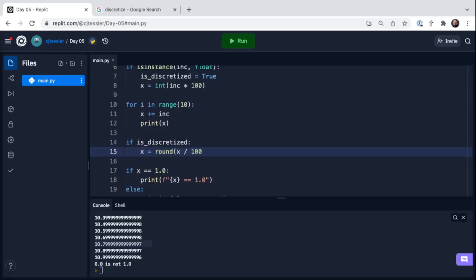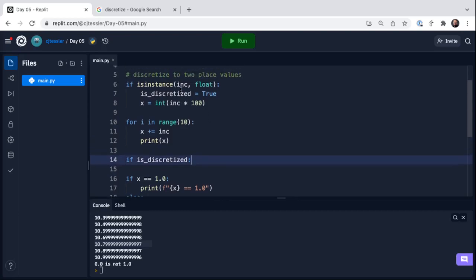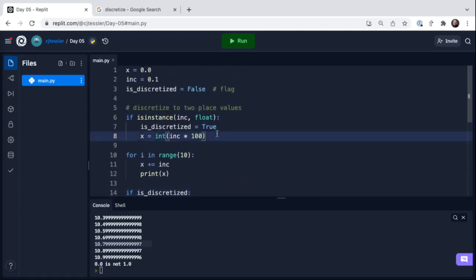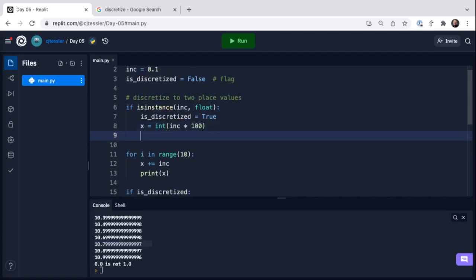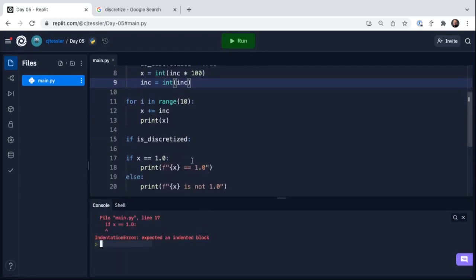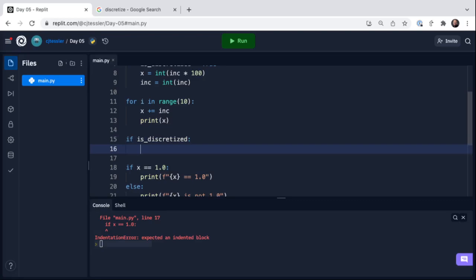Let me also do round. Oh, I think I have to also discretize the incrementing count. So I also need inc to be an integer, because I want to work with integers. Yeah, that was right. Sorry about that, I forgot something. So x is equal to x divided by 100.